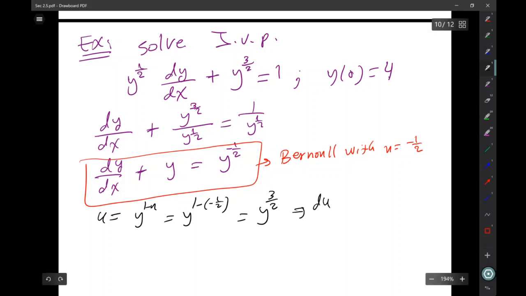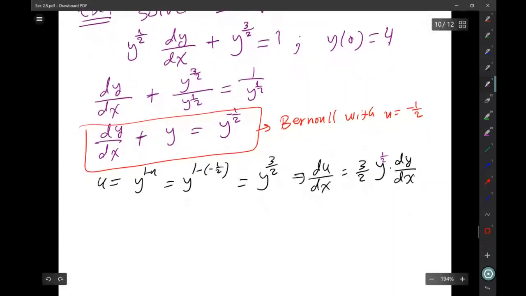Now find du by dx, which is 3 by 2 times y to the power half times dy by dx. Sorry, y to the power half, because of 3 by 2 minus 1 is half.